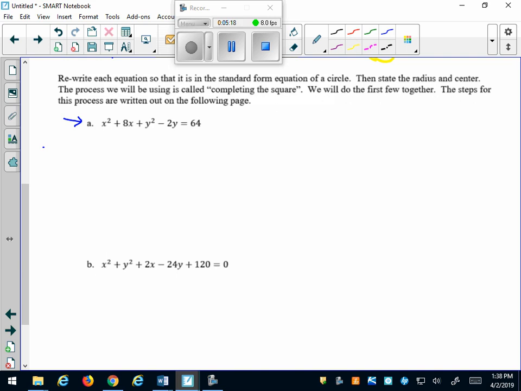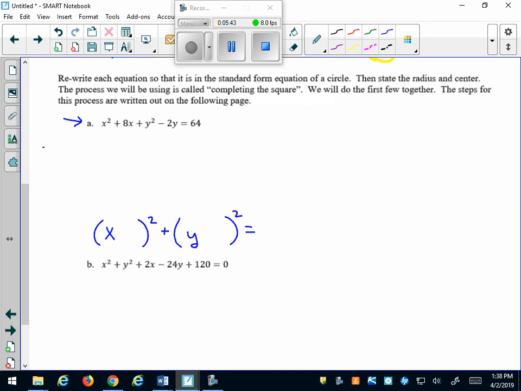So our job here is to put this into the right form. Eventually, we want this equation to look like this. Right? That is the correct form of a linear equation. Sorry, equation of a circle. I said linear, but I meant equation of a circle.